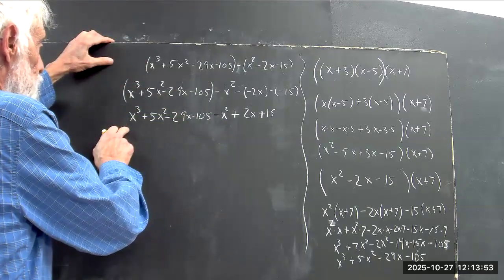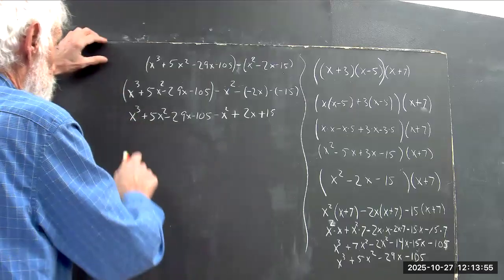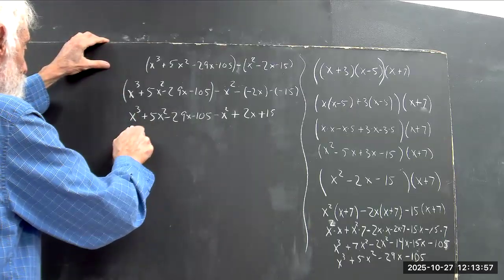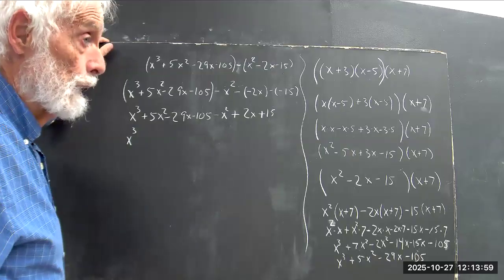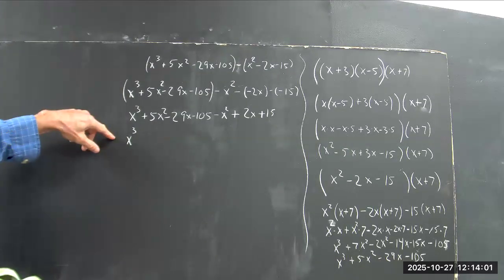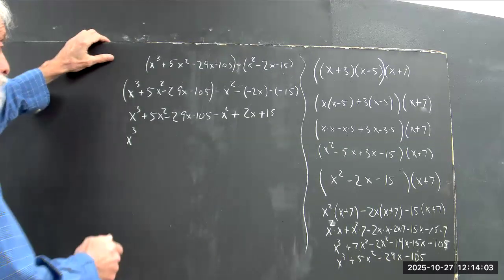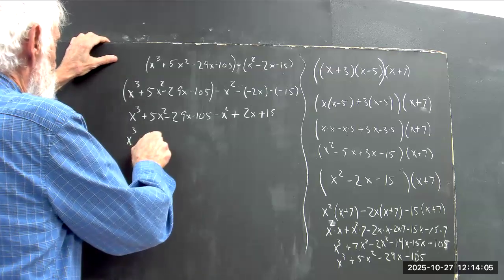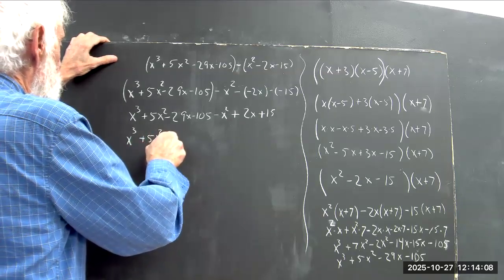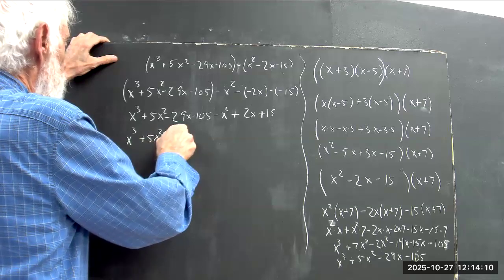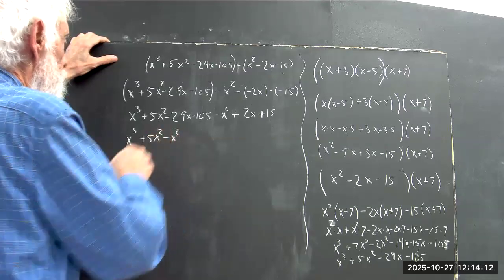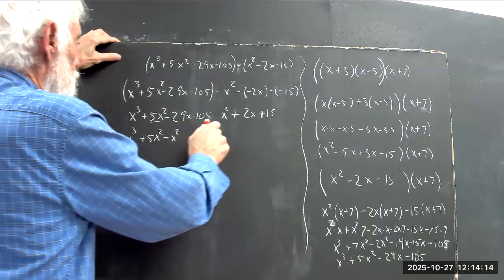First of all, I've got x cubed. I don't have any other x cubes. So I've got x cubed. That's going to be part of my final answer. Then I've got plus 5x squared minus x squared. So I've got x squared terms here and here.